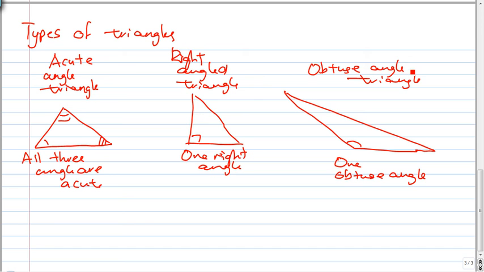There are many ways to classify a triangle, but these are some of the names that you should take note of. There's even a triangle known as the scalene triangle.